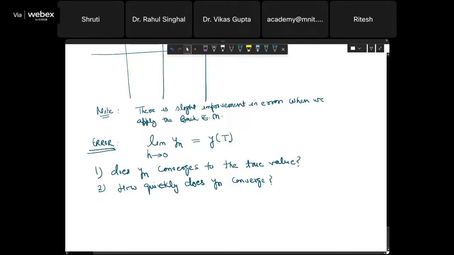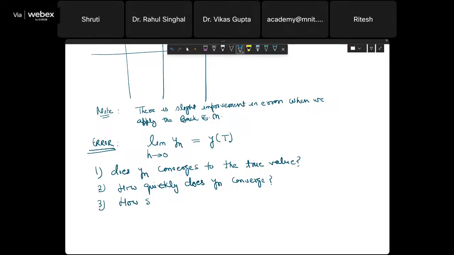And the third part is, how small should the step size be to achieve the desired accuracy? So these are the three questions that immediately come to mind when we use the numerical method.